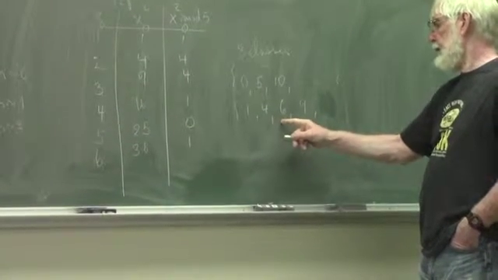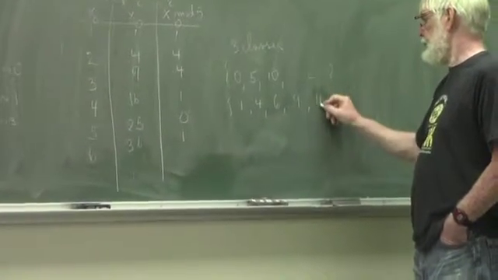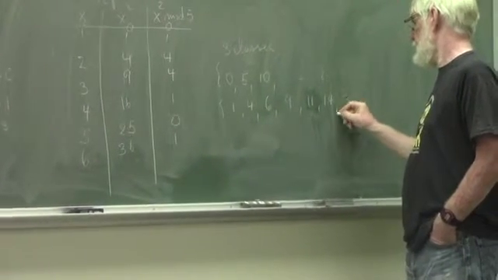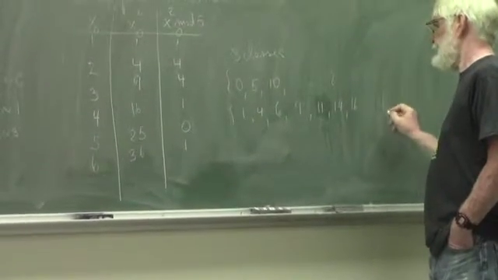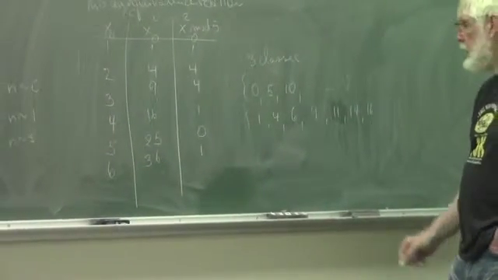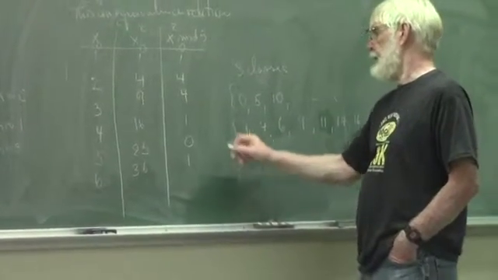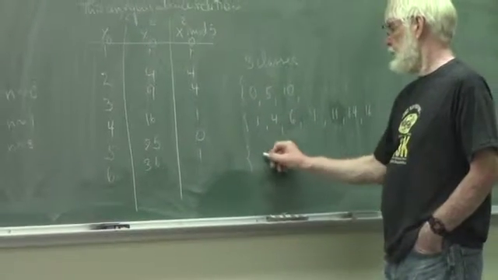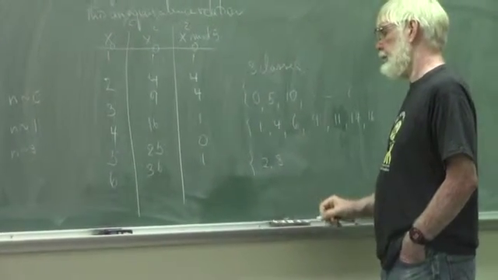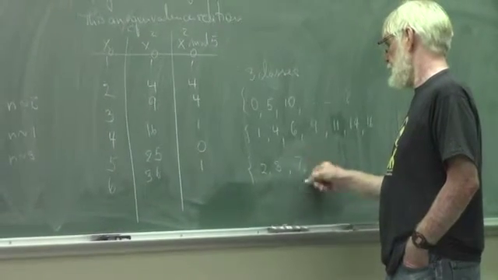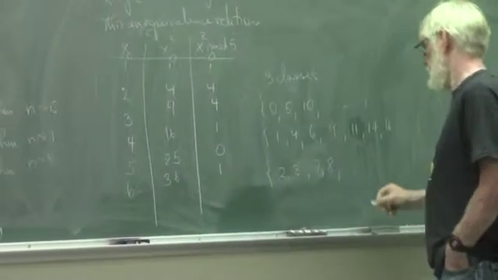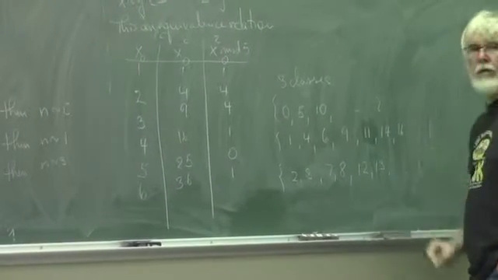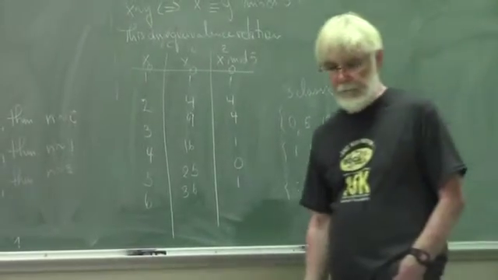We add 3, we add 2, we add 3, we add 2. And the other class where we end up with the remainder 4 is 2, 3, 7, 8, 12, 13. Oh, I see. The pattern of dimension. Simple.